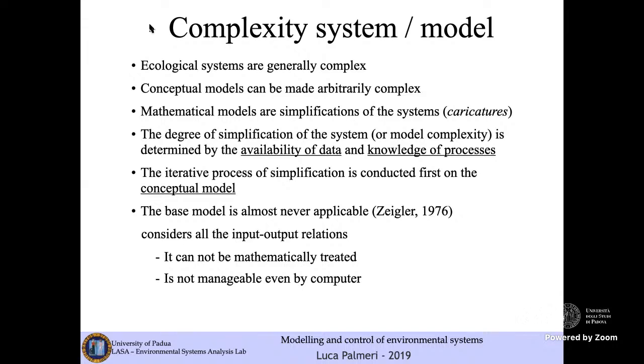In general, we know that mathematical models are simplifications of a system, so in a way we may say caricatures. This means that we try to emphasize the aspects of the system we are interested in, on which our description shall be focused.